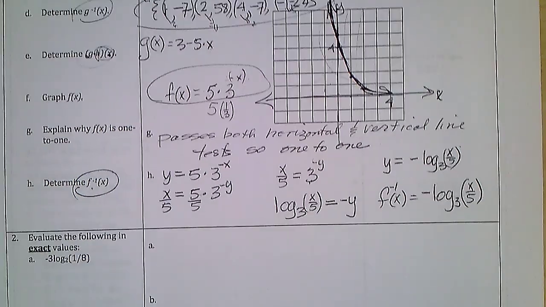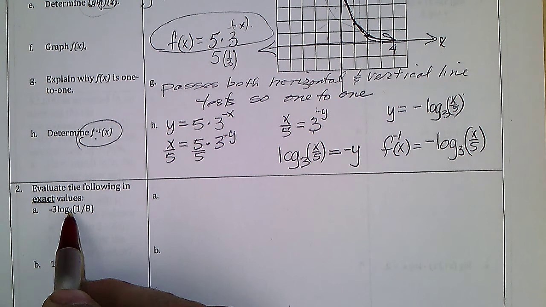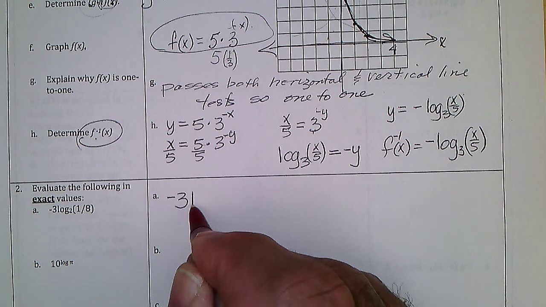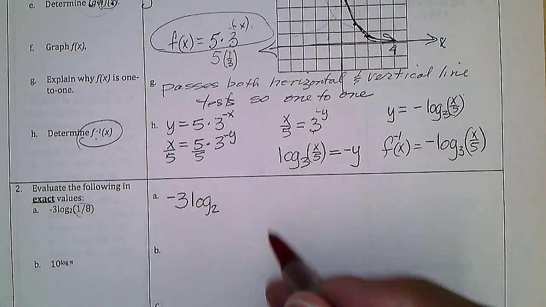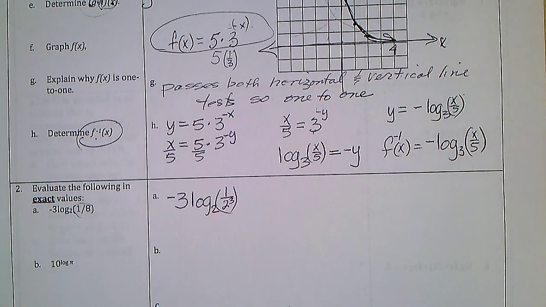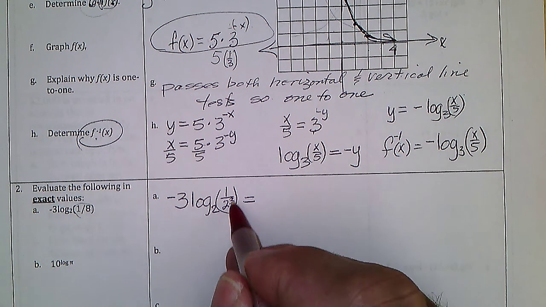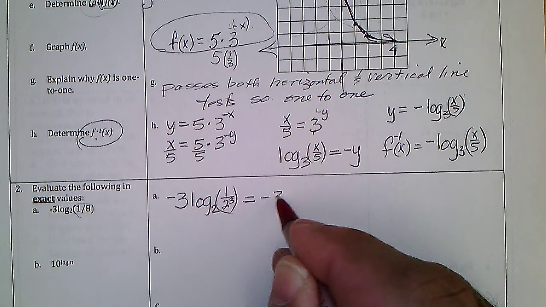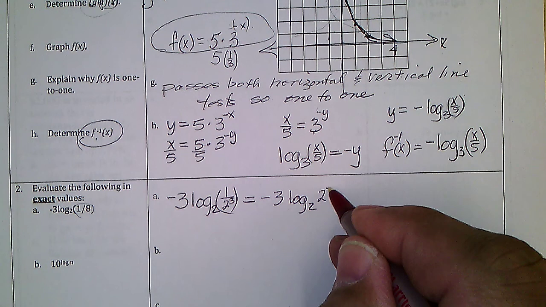Okay, number 2a. Several ways to look at this. We can write negative 3 log base 2 of 1/8. 1/8 is 1 over 2 to the third, it's one way to look at this, which means it's minus 3 log base 2 of 2 to the negative 3.